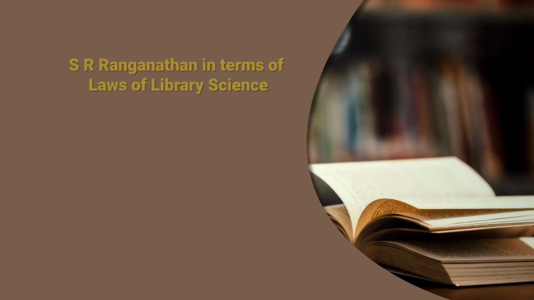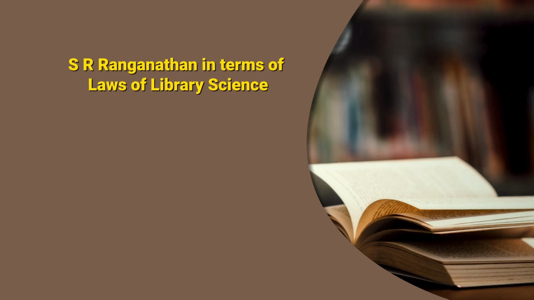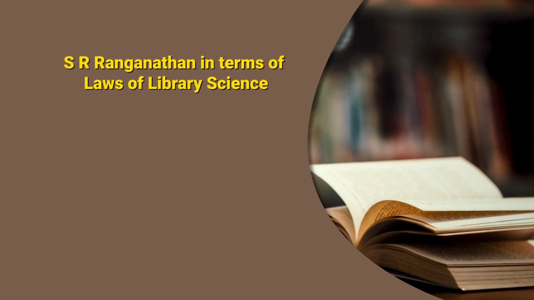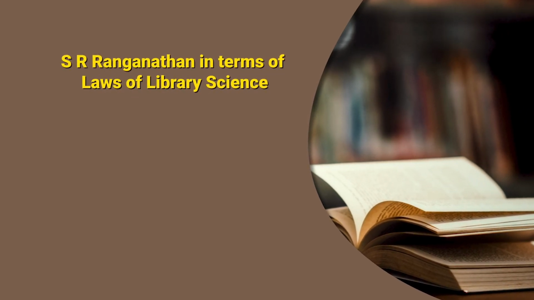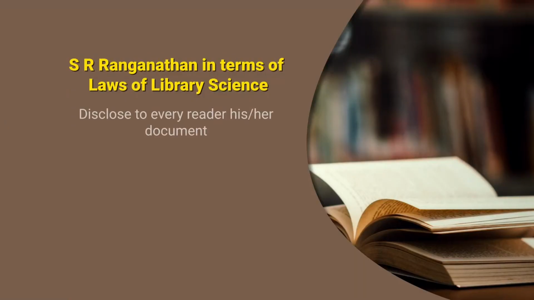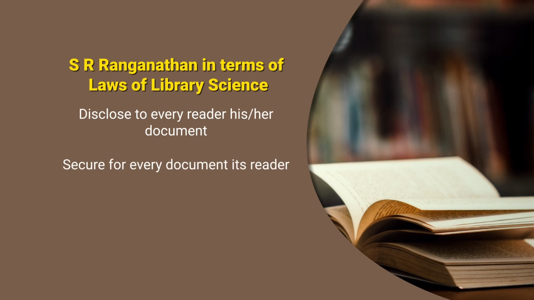You know the 5 laws of library science given by S.R. Ranganathan guide us in all library work, and Ranganathan has tried to define the objectives of a library catalog from his 5 laws also. That means he says that a library catalog should disclose to every reader his or her document. It should secure for every document its reader.